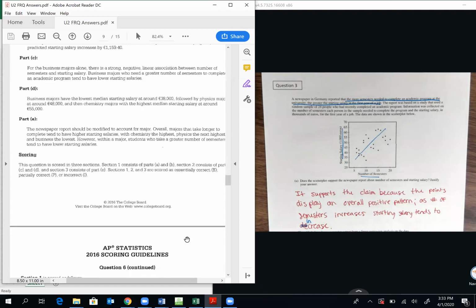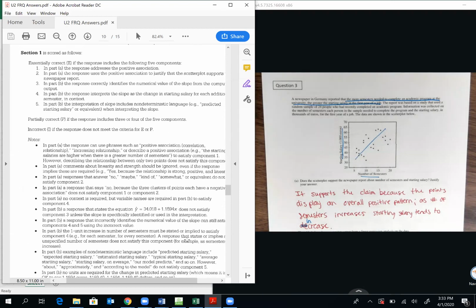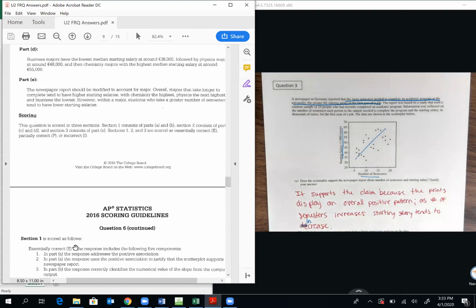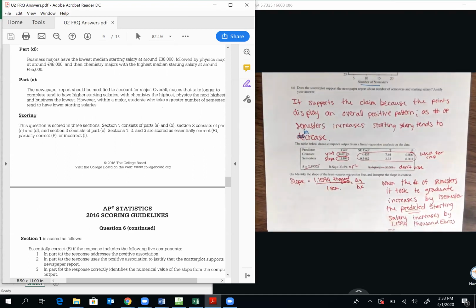So let's see what they say. How's section 1 scored? So this is scored in 3 sections. Section 1 consists of parts A and B. So let's look at part B before we look at our scoring guideline.